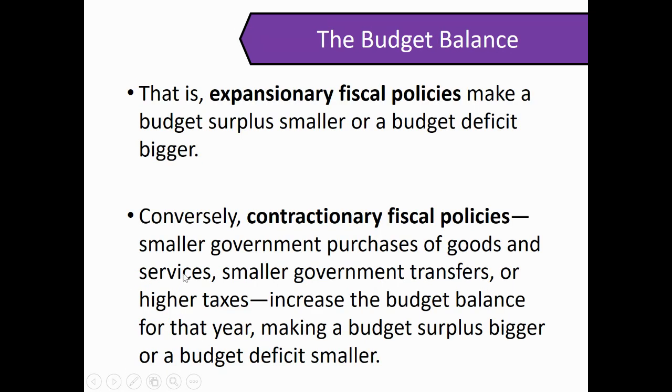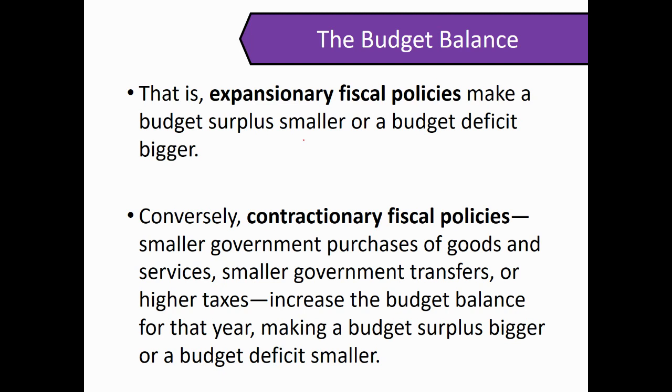Okay. Now, once again, we've talked about before where we have expansionary and contractionary policies. When we say expansionary policies, it makes our budget surplus smaller or our budget deficit larger, because expansionary policies means we're cutting taxes and we're increasing spending.